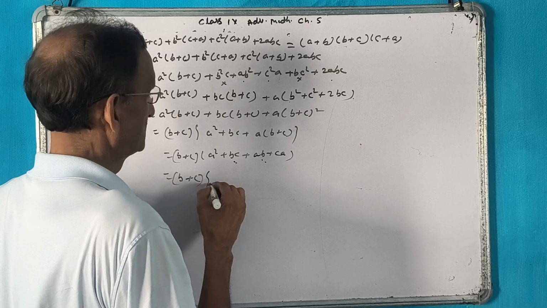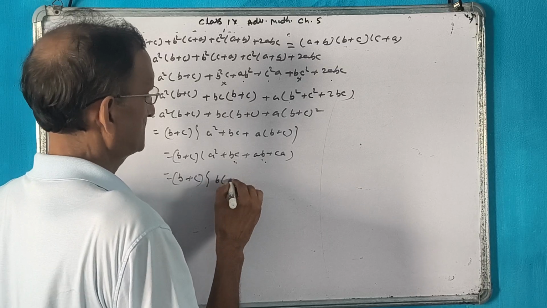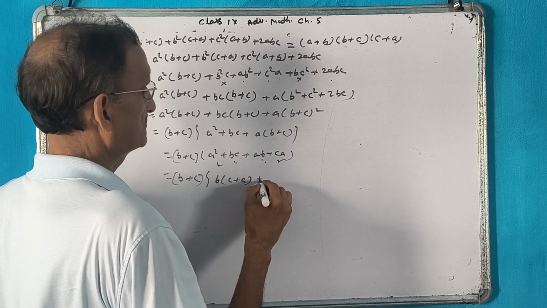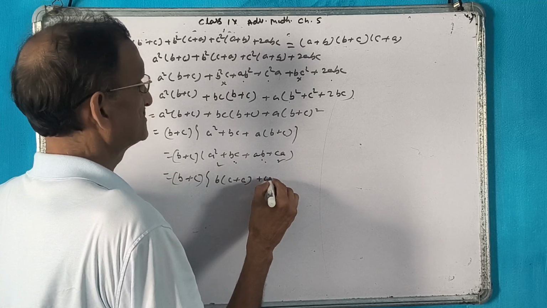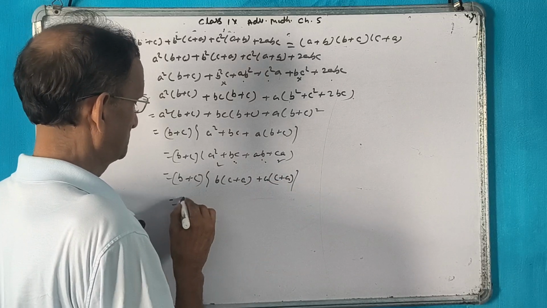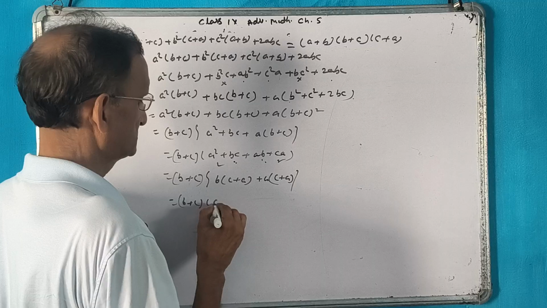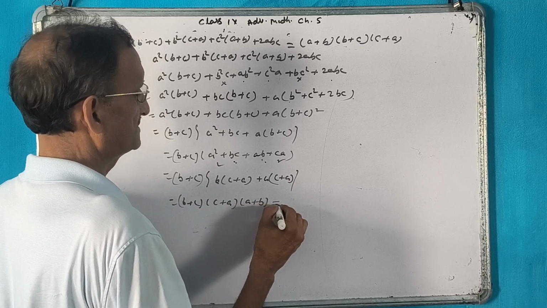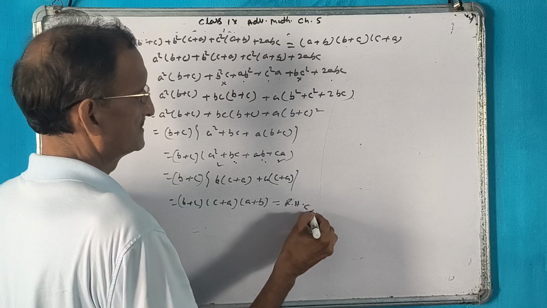B is common here. So take B common, what will you get? C plus A. And from these two terms, A is common. What will you get? C plus A. So B plus C, C plus A, and A plus B, and this is the right hand side. Okay, so proved.